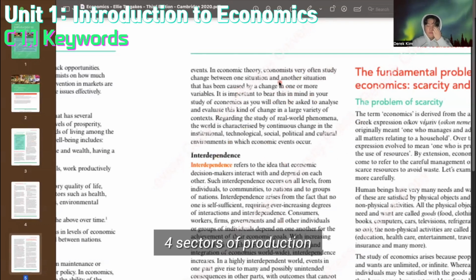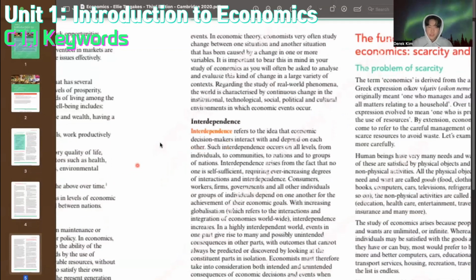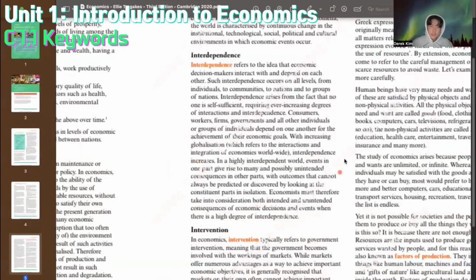So that is what we can regard as change in economics. It's a very broad definition, but the good thing about this textbook is that it retouches these concepts every time they appear. So every time we are faced with these key concepts, we'll have a review session.